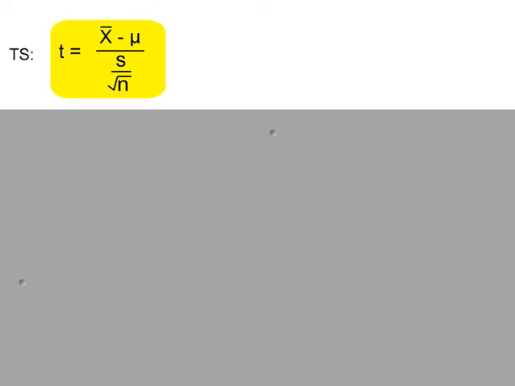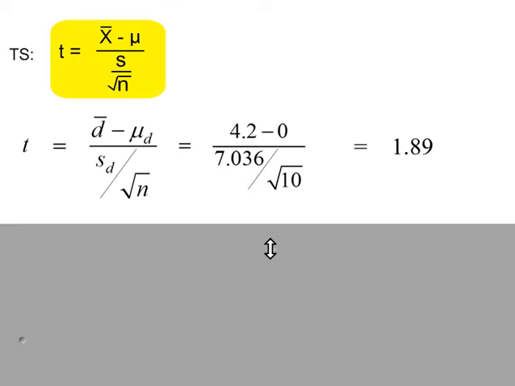And the formula is this. The mean difference goes in here, and S is the standard deviation for our differences. So our test statistic is 1.89. This value here comes from H0, which is 0.